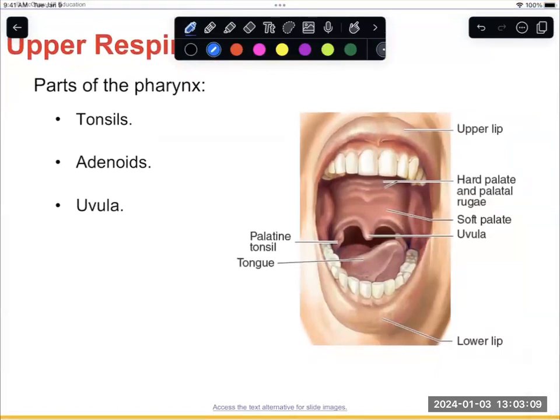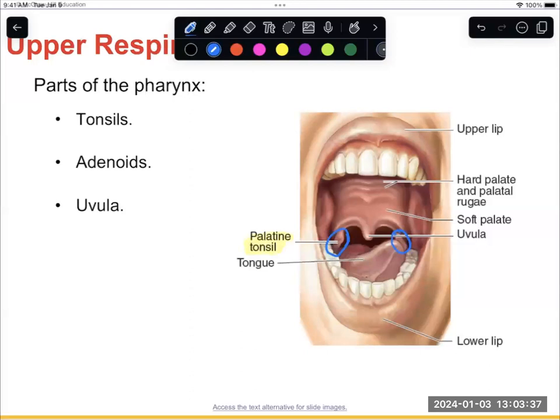These tonsils and adenoids. Tonsils and adenoids are masses of lymphatic tissue. Tonsils are in that oropharynx, like this palatine tonsil that you see back here. This right here, you can see the other one right there.